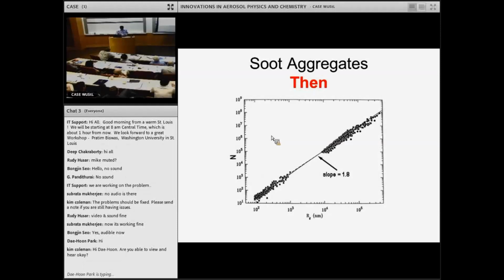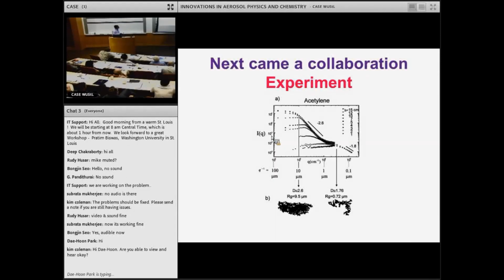And so then came an experiment in Chris's lab. This is about late 99 or early 2000s. And he's looking at, this is an upright flame. There's a reason for using that adjective.